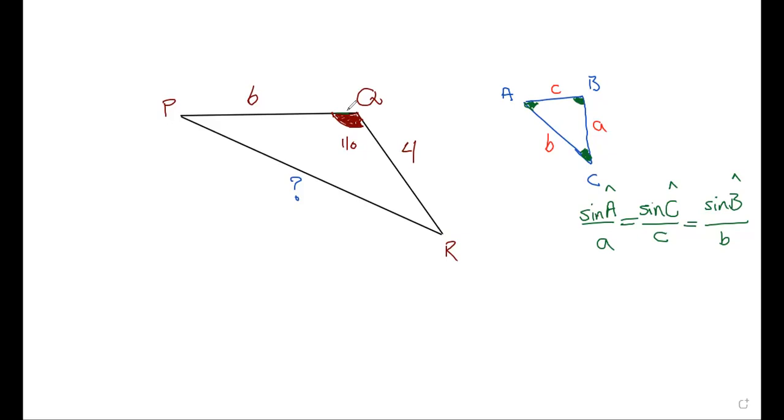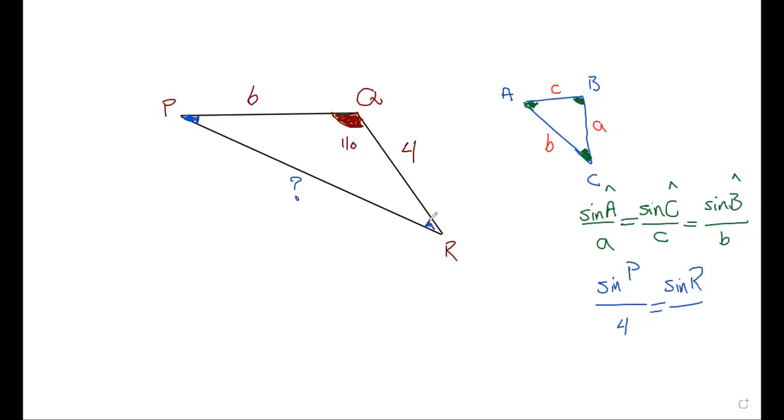We said that if we look at point P, and as Lucas said, and R, if we just want to use this law, we said that the sine angle P, the angle P is looking at which side? 4. That's right, 4, thank you. Equals to what? Sine of R.